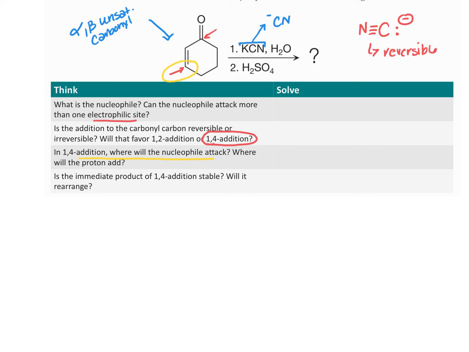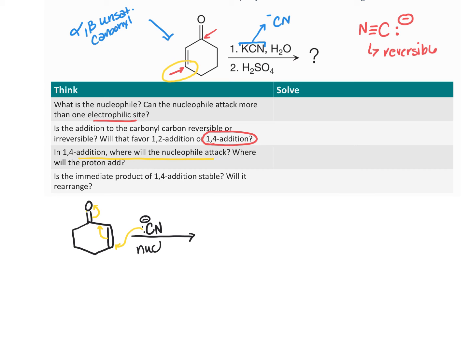So now let's start working on this mechanism. We're going to draw our molecule, because remember, we're always going to redraw molecules. We're not going to be lazy organic chemists. I'm going to draw it on this side because it makes my life easier. And then the first step is going to be a nucleophilic addition reaction, where this guy goes here, this electron goes there, and then these electrons go up there to form lone pairs on that oxygen.